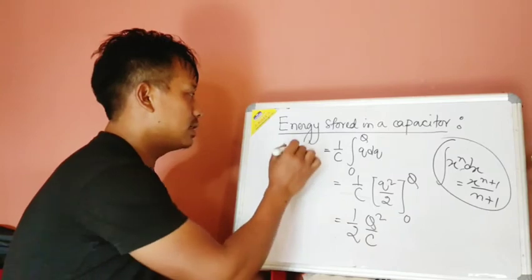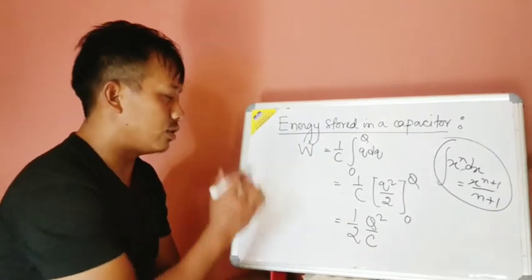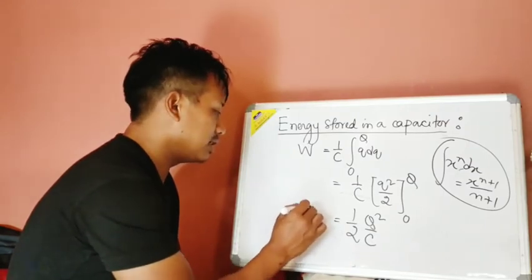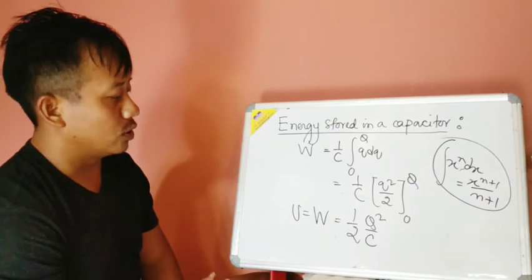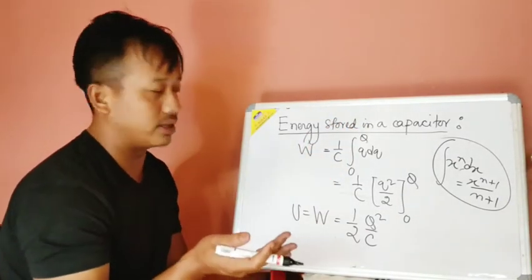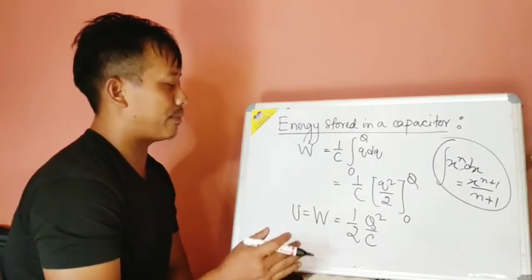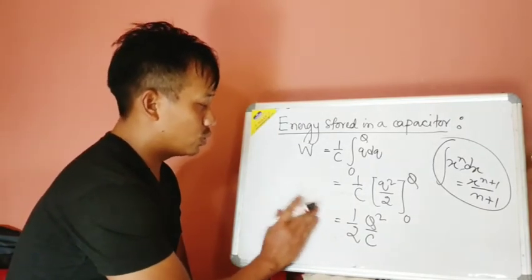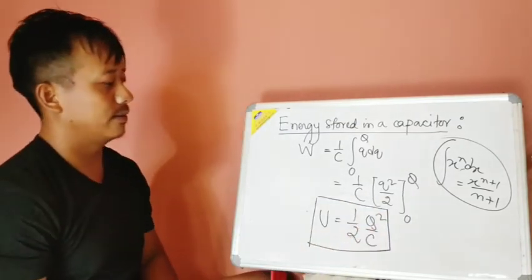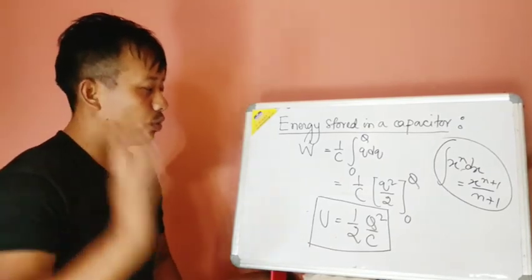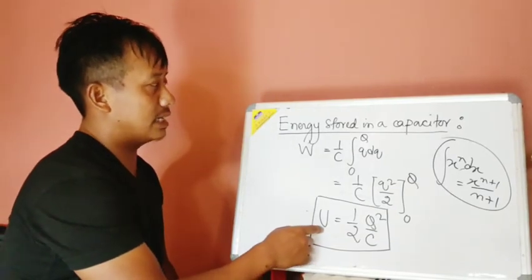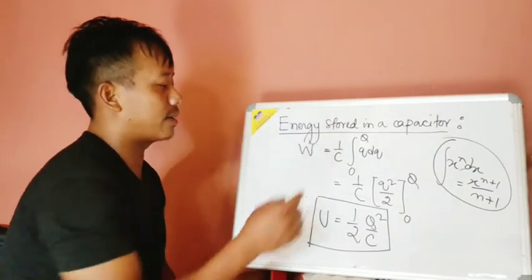This was the work done that you have obtained, and this work done W will be stored as the electric potential energy U. So the potential energy stored in the capacitor, U, should be equal to half Q square by C. This is one of the ways to represent the electrical energy stored in the capacitor.